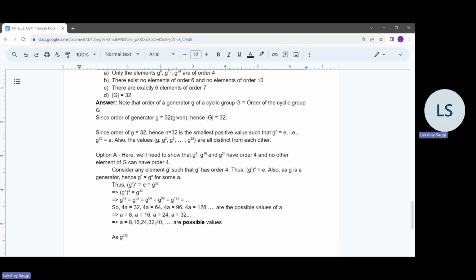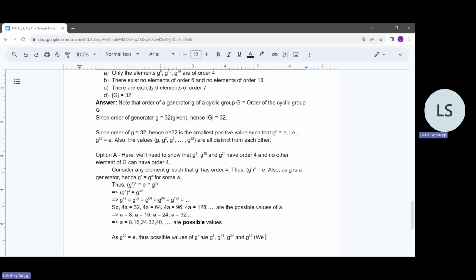As G to the power 32 is equal to E, the possible values of G prime are G raised to the power 8, G raised to the power 16, G raised to the power 24, and G raised to the power 32.